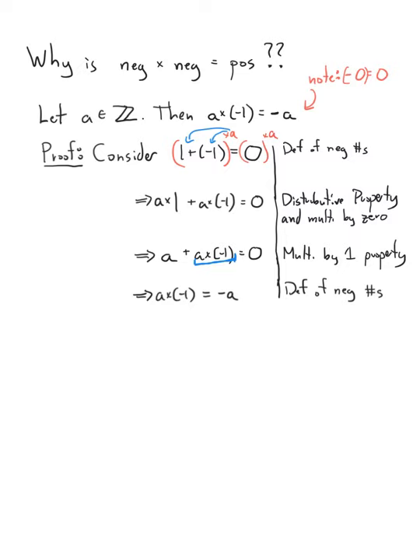So, let's go over what's happening here. If we want our mathematics to have negative numbers in it, if we want the distributive property to hold, if we want multiplication by 0 to hold the way we expect it, if we want multiplication by 1 to hold the way we expect it, if those things are important to us in mathematics, which I think most people would agree are, then it must be the case that a times -1 equals negative a, which is really cool.